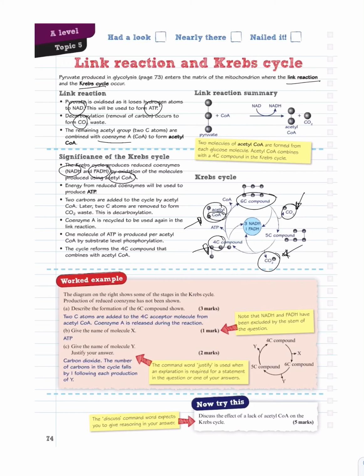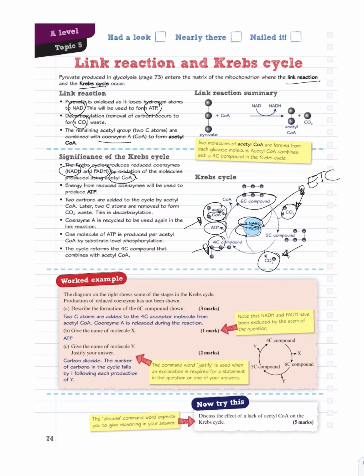Then ATP is produced. We also have 3 NADH, so 3 reduced coenzymes of NAD, and 1 reduced coenzyme of FAD, FADH. These will go to the electron transport chain.